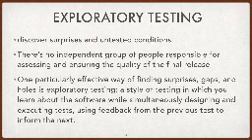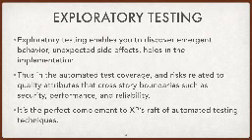It's a style of testing in which you learn about the software while simultaneously designing and executing tests. This is by using feedback from previous tests to inform the next. And exploratory testing enables us to discover emergent behavior, unexpected side effects of the code, or holes in the implementation.